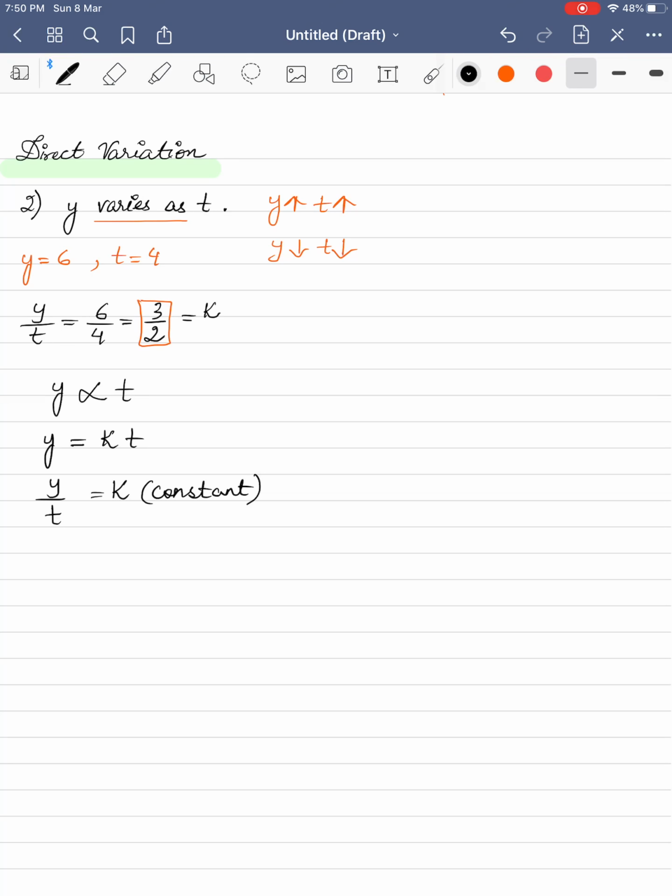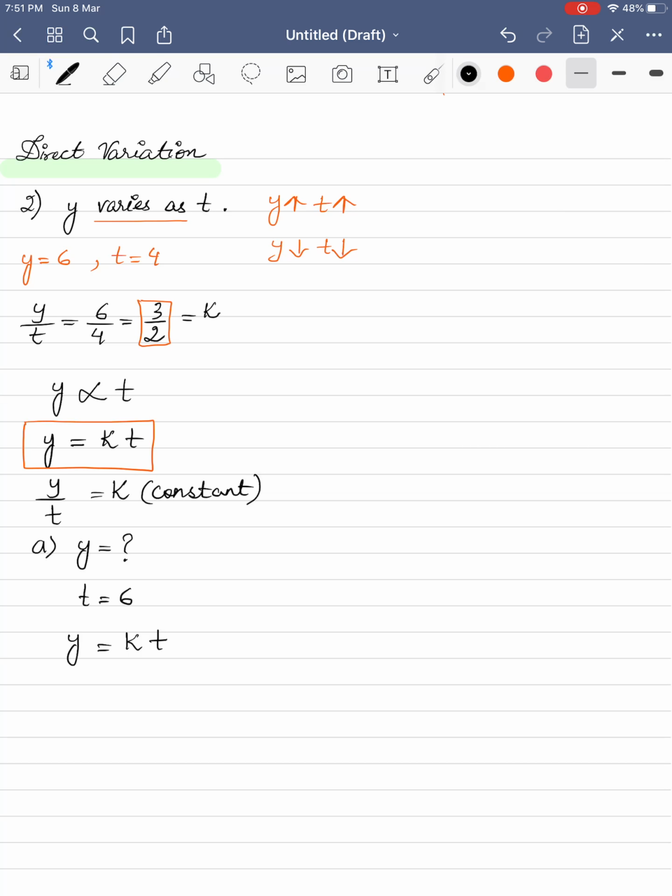Okay, so part A of the question says, find the value of y when t is equal to 6. So, what is the value of y when t is equal to 6? Now, we can start with this equation and copy it down here. y is equal to kt.